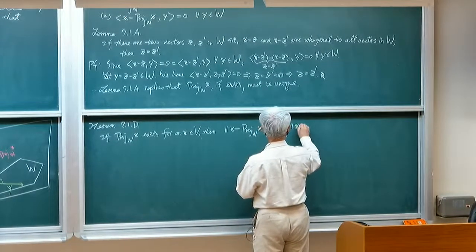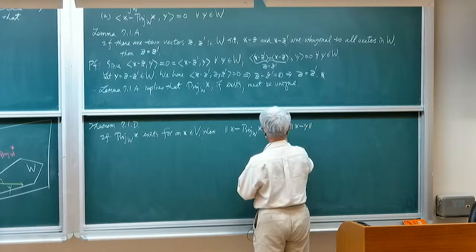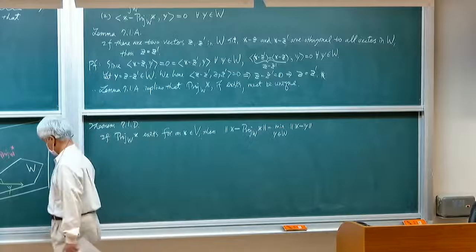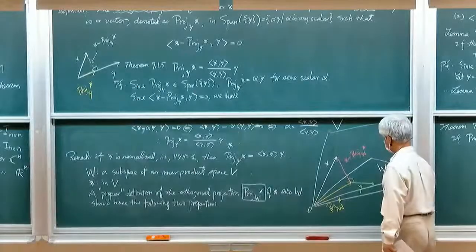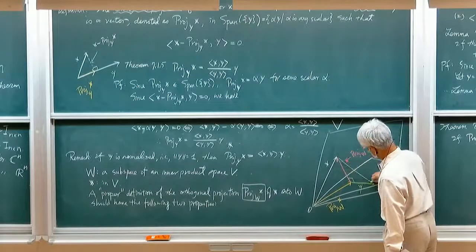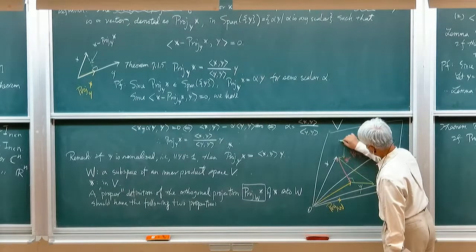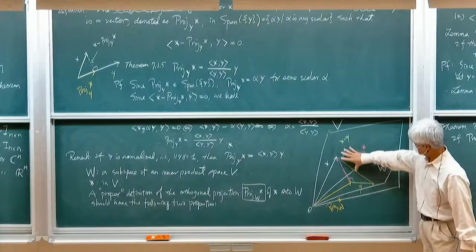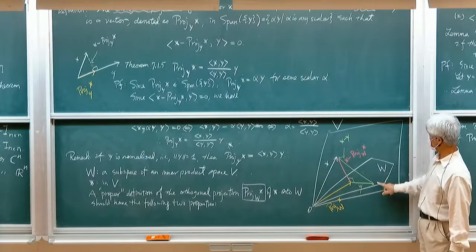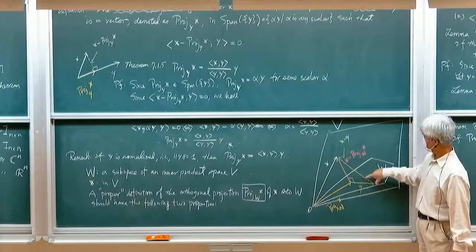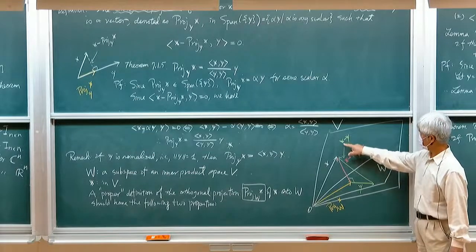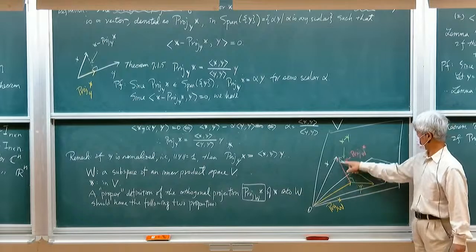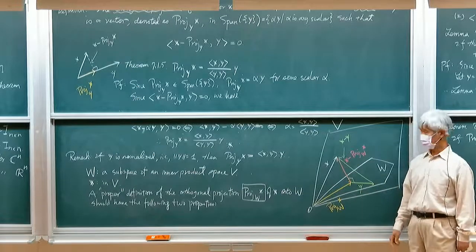So for arbitrary y in W, x minus y has length greater than or equal to the length of this vector.